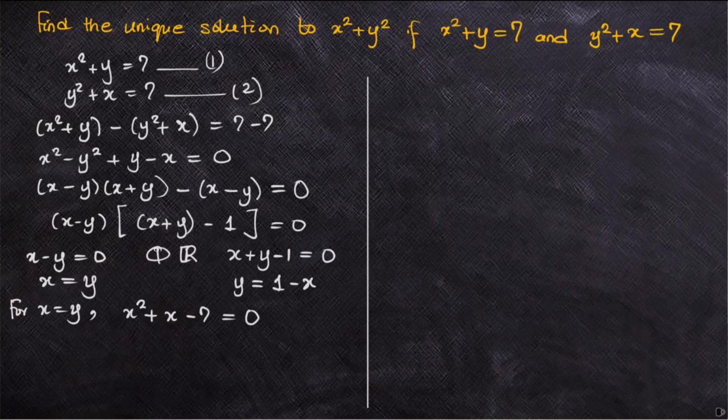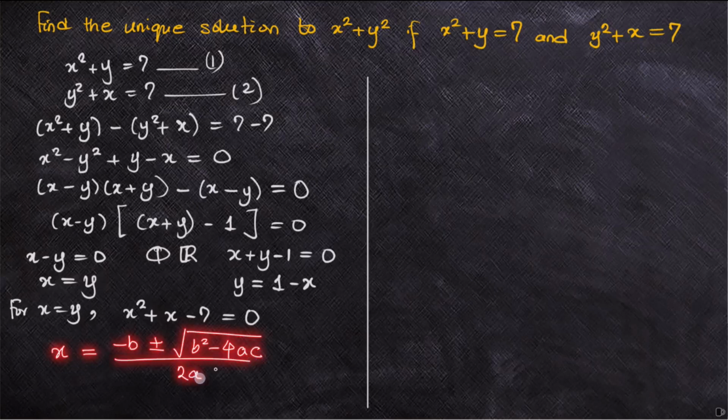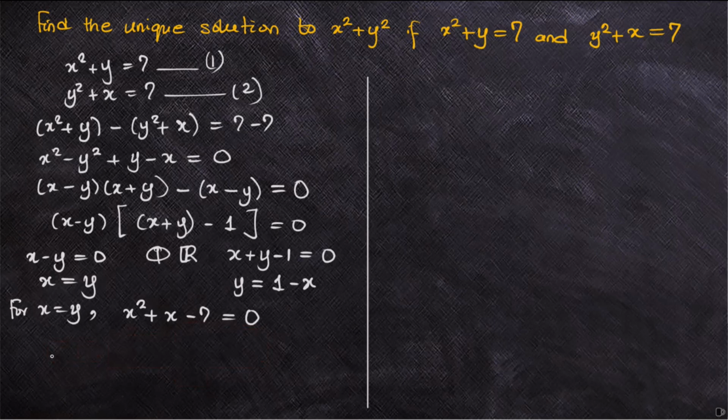And then this is actually not easily factorable. Then I can use the formula method for quadratic equations, which says that x in this case is nothing but minus b, that's the coefficient of x, plus or minus square root of b squared minus 4 multiplied by a, which is the coefficient of x squared, then the constant c, over 2a. If I am to make use of this, in this case I'm going to say that this x is going to be minus 1 plus or minus square root of 1 squared minus 4.